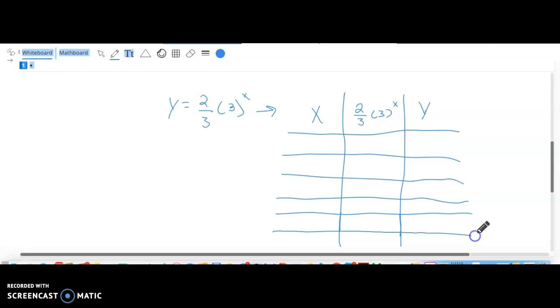Let's do x values 0, 1, 2, 3, and we're going to graph where x is the independent variable.